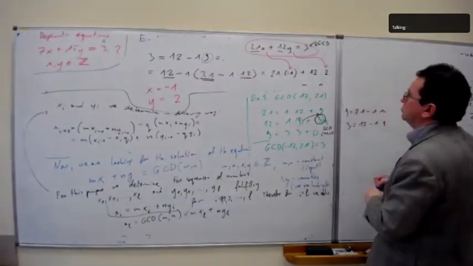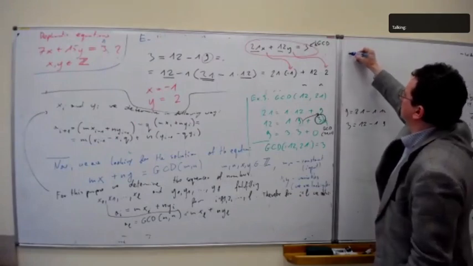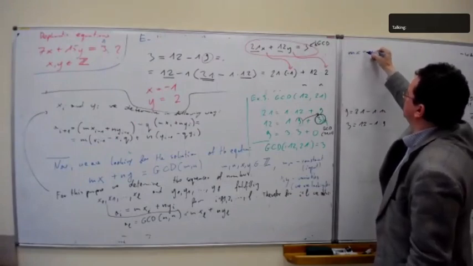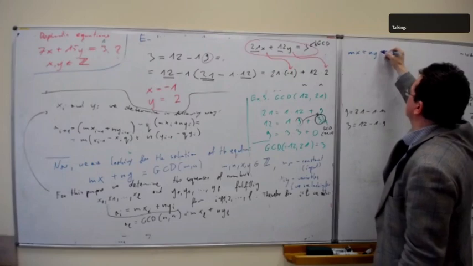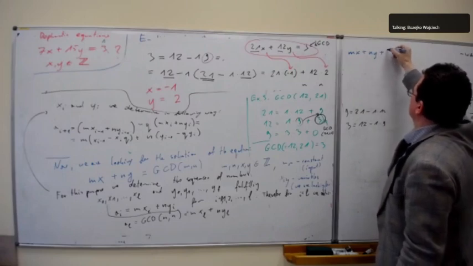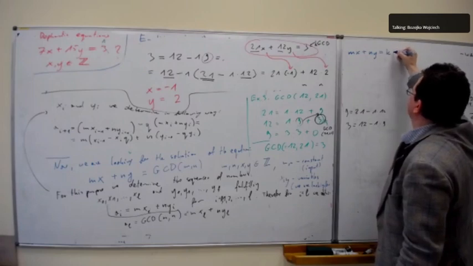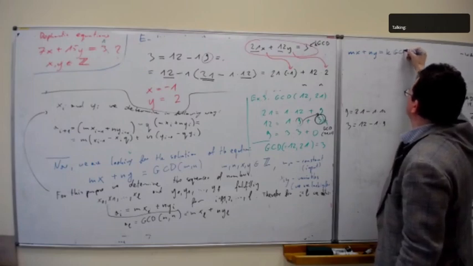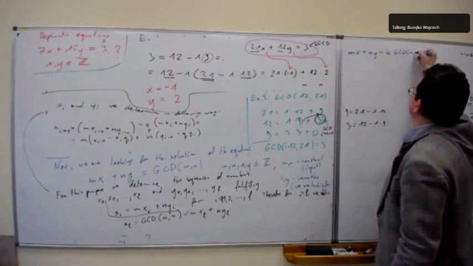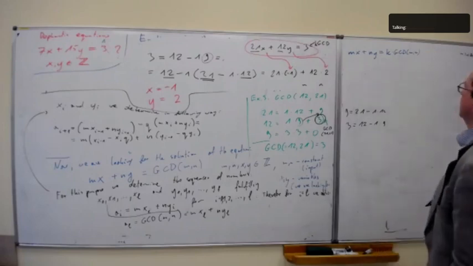Another situation can be that we have m times x plus n times y equals k times the greatest common divisor of m and n.